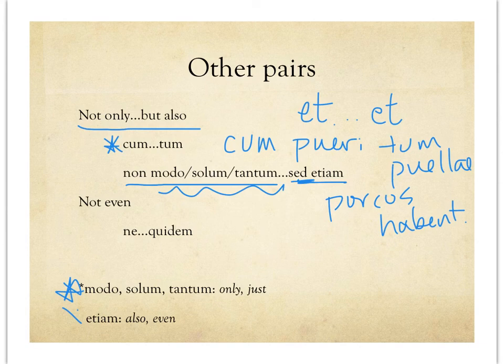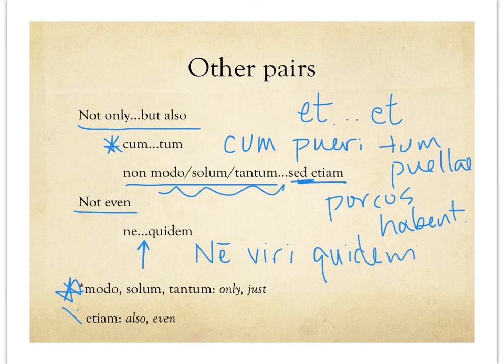So that's pretty straightforward. We also have this way of saying not even, ne quidem, and usually whatever it's not even goes into this, right? So, ne viri quidem agnos habent, right?